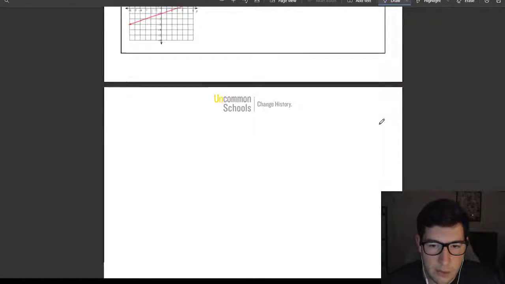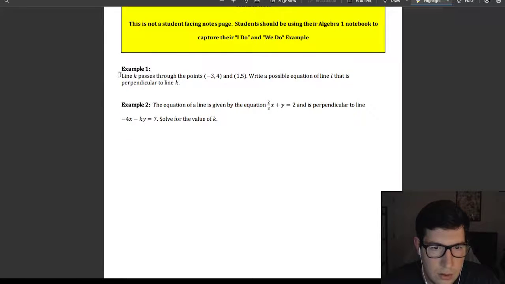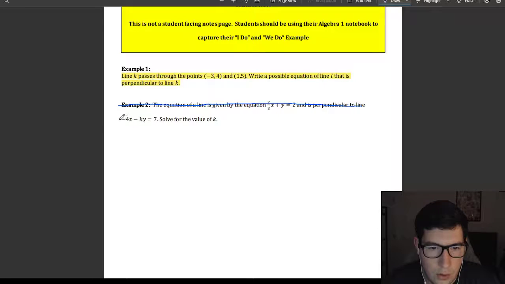All right, so we all have notebooks out. We should all have dates up at the top. I want you to go ahead and write down example 1 in your notebook. Do not worry about writing down example 2. We are simply looking at example 1 right now.